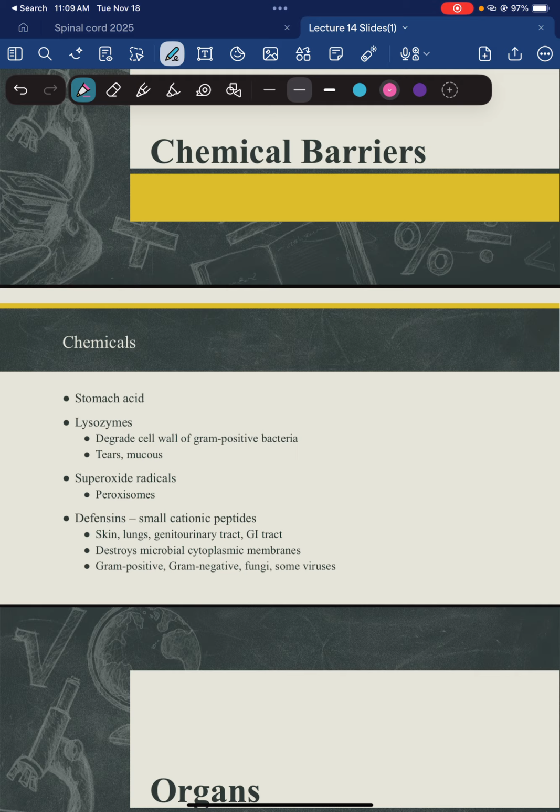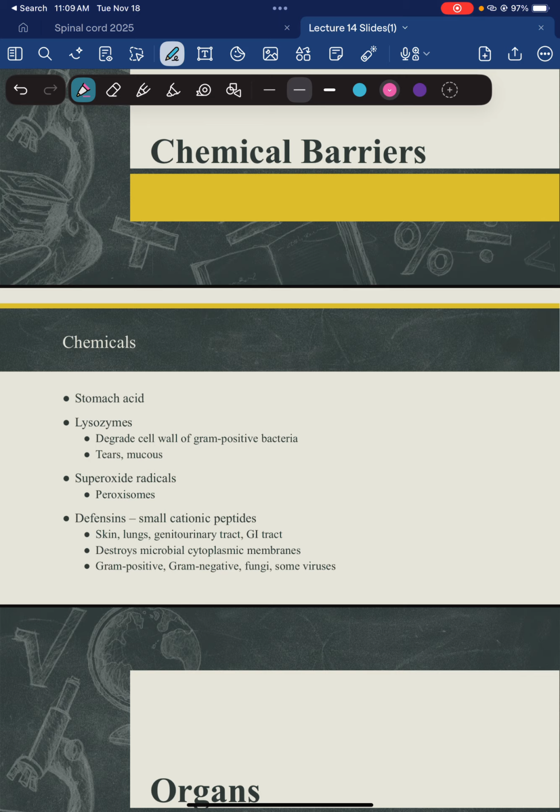What does live in your stomach tends to live in the mucus that lines your stomach more so than actually in your stomach. We have lysozymes. So we talked about lysozymes in your tears, in your eyeballs. These are little enzymes that break down cell walls. They're particularly effective against gram-positive bacteria and also exist in mucus.